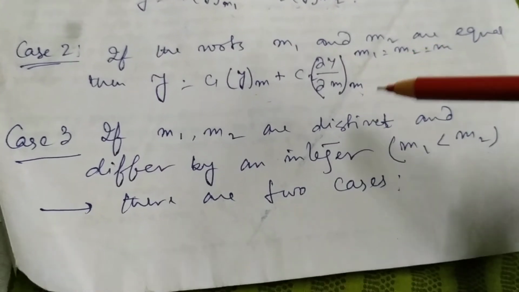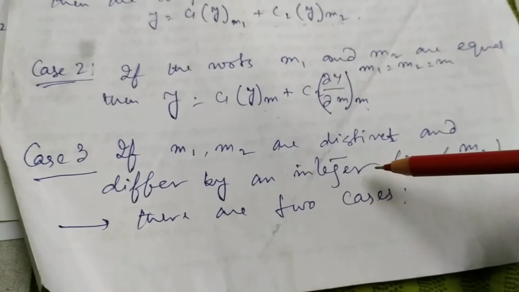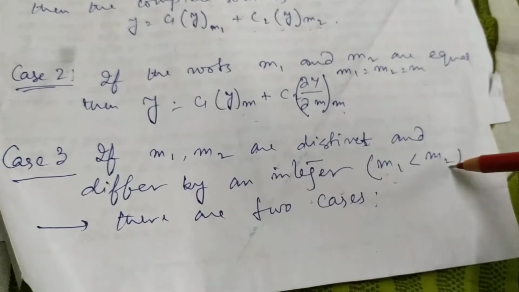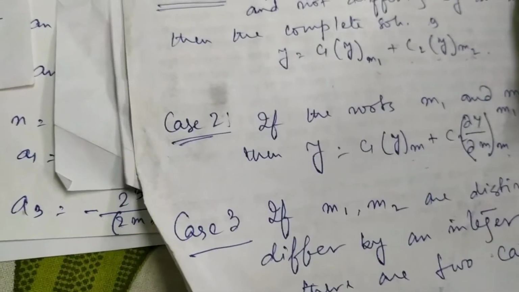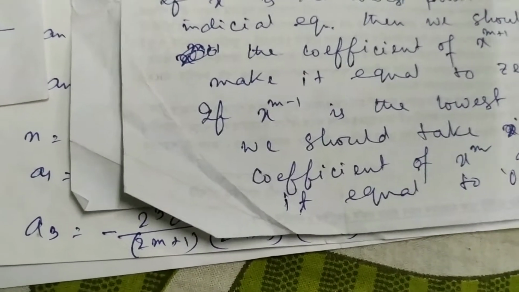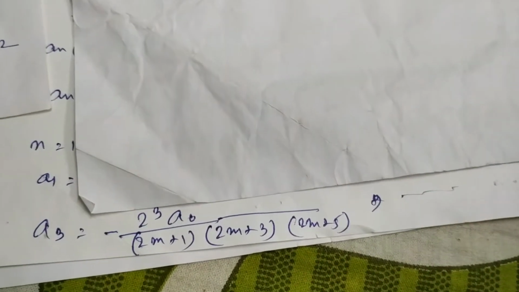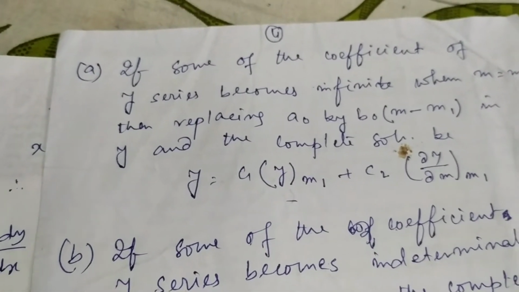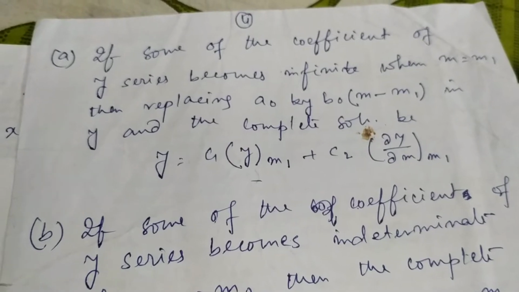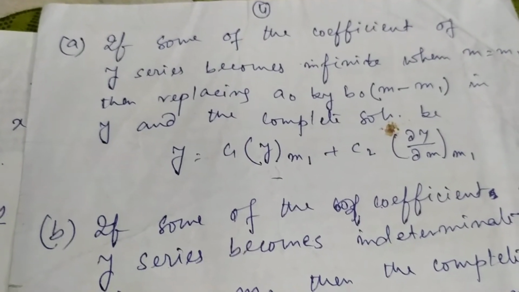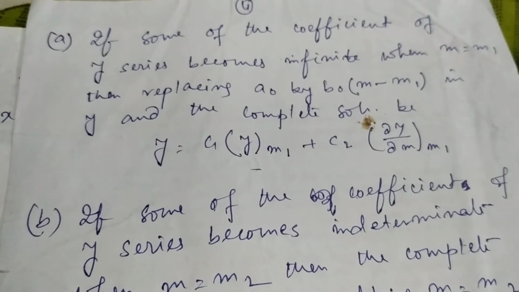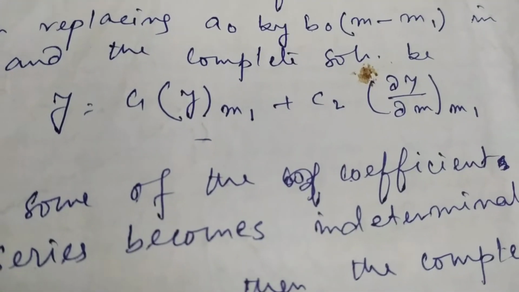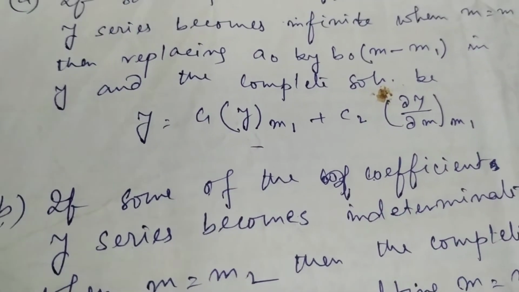Now case 3: if m1 and m2 are distinct and differing by an integer, here let us assume m1 is less than m2, then there are two cases. If a coefficient of the y series becomes infinite when m equal to m1, then replacing a naught by b naught times m minus m1 in y, the complete solution is y equal to c1 y at the point m1 plus c2 del y del m at the point m2.